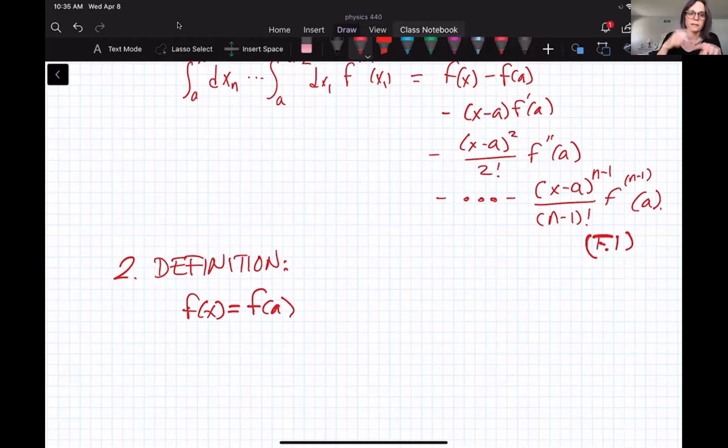That is, we're expanding around a point a, right? So if we turn all of this around, we're just solving for f of x. So this is x minus a times that first derivative evaluated at a, plus x minus a squared over 2 factorial.